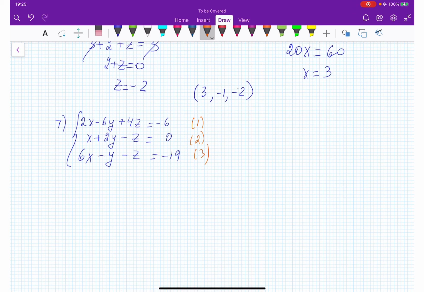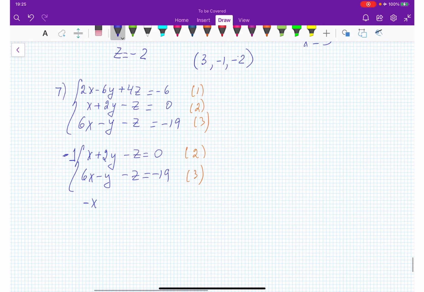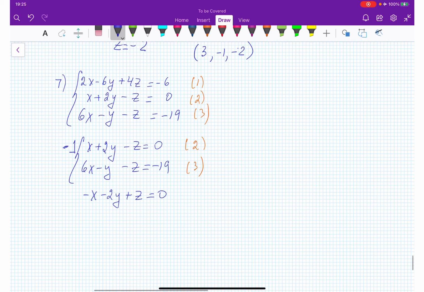Okay. X plus 2y minus z is equal 0. 6x minus y minus z is equal negative 19. So we have this is 2, this is 3. So multiplying by negative 1, okay, we are getting negative x minus 2y plus z is equal 0. 6x minus y minus z is equal negative 19.